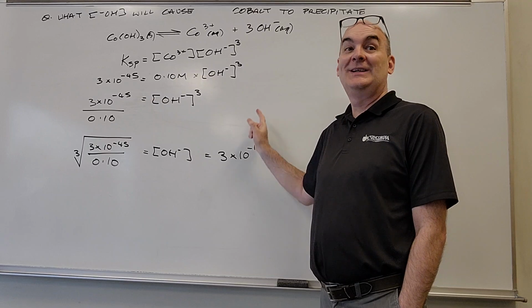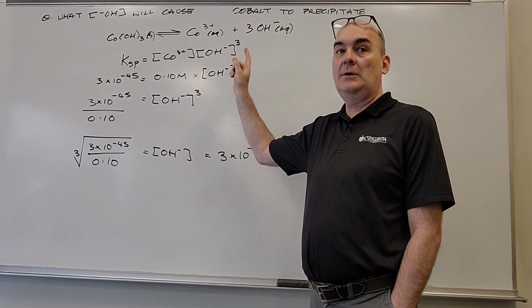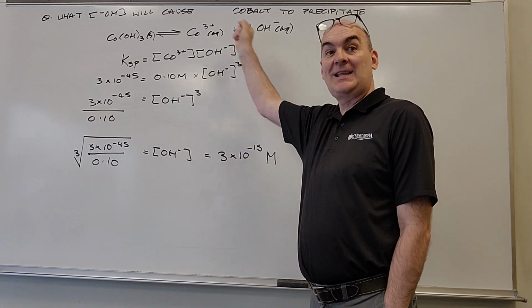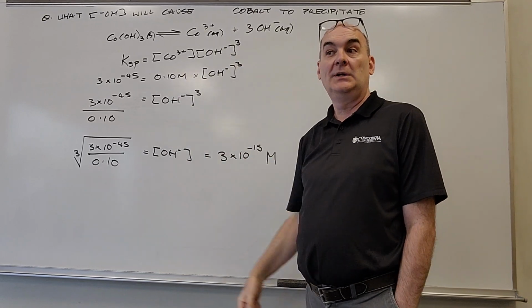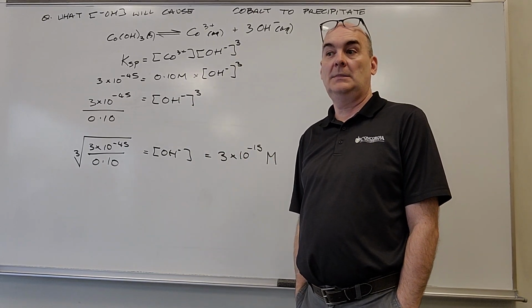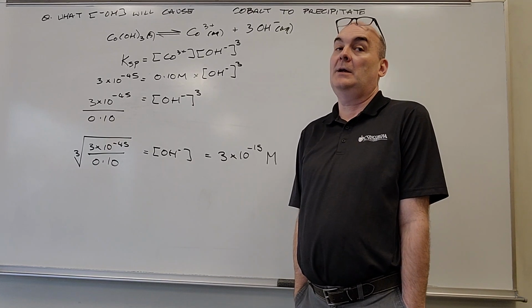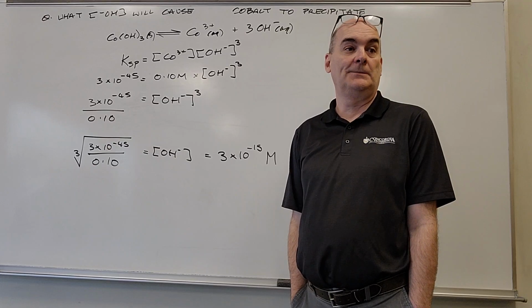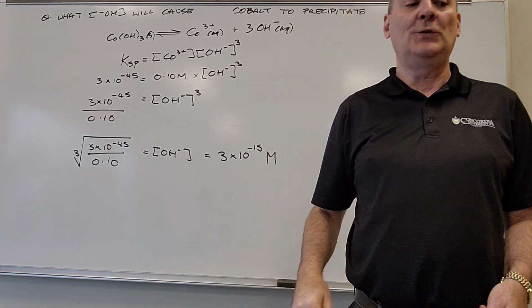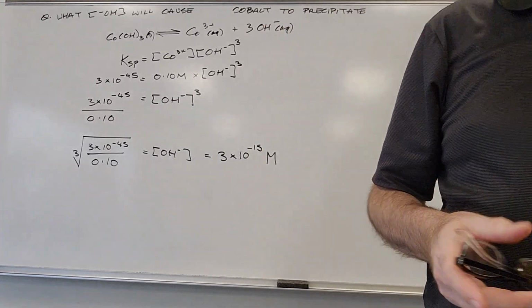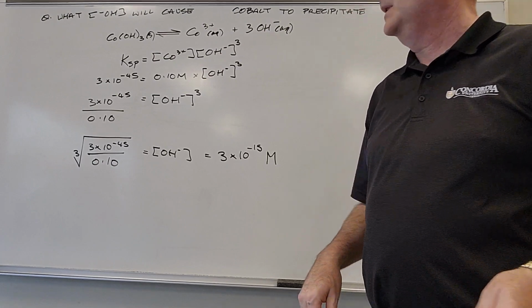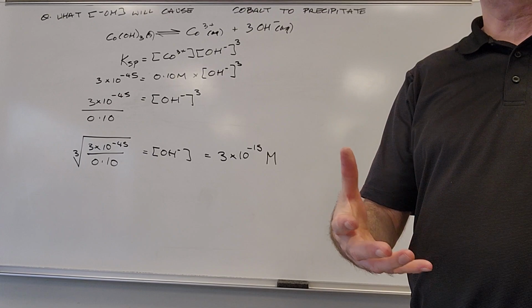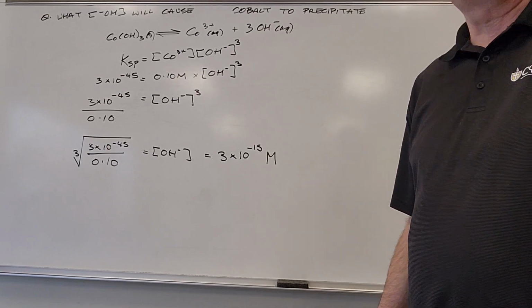The question is, did it take any of the iron with it? So we'll take this value and then cycle it back into the question to see that either the iron has been left alone or it's also come out of solution. Okay? And we do that by inventing sets of concentrations that are not at equilibrium.